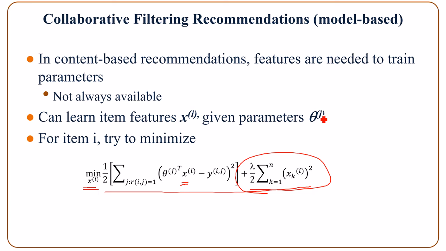So the feature vector looks like this. Actually this is x0, x1, where x0 is 1, and x1, x2, etc., xk, up to xn.